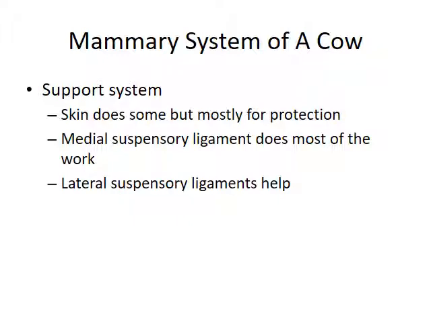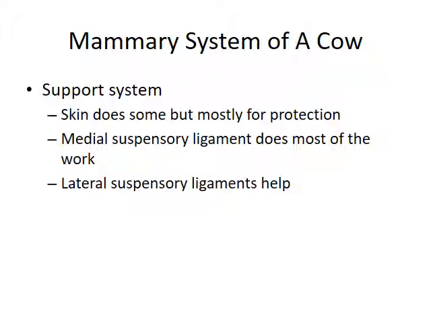The support system has a number of different elements coming together. Skin supports the outside, but it's more for protection. There is a certain amount there that holds it. But what's really holding up the weight is the medial suspensory ligament. It's going to do most of the work.